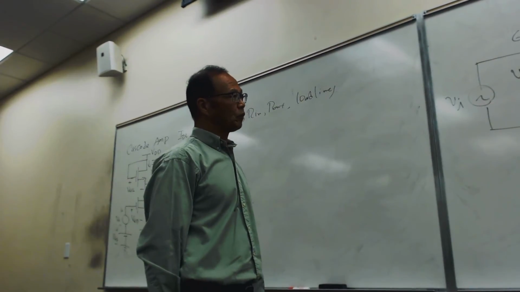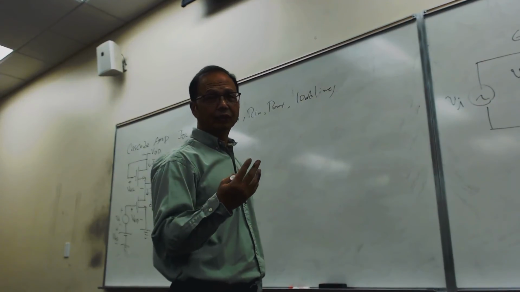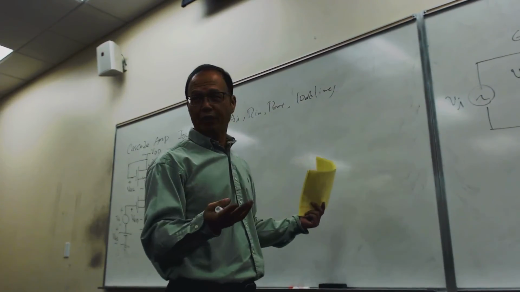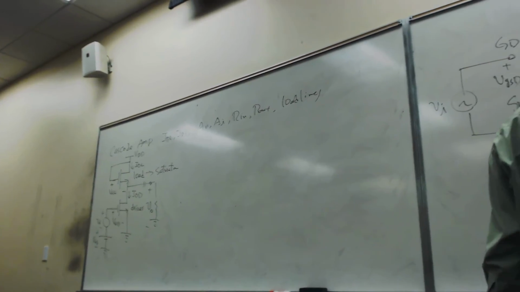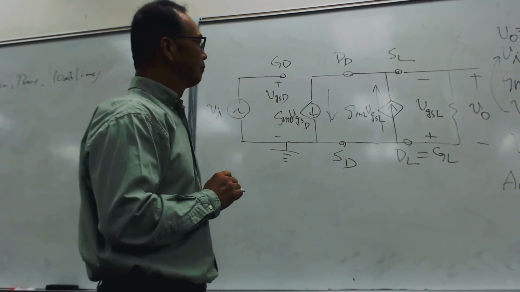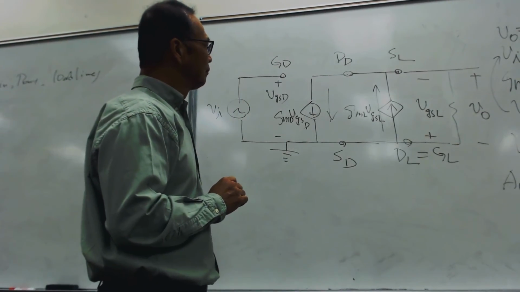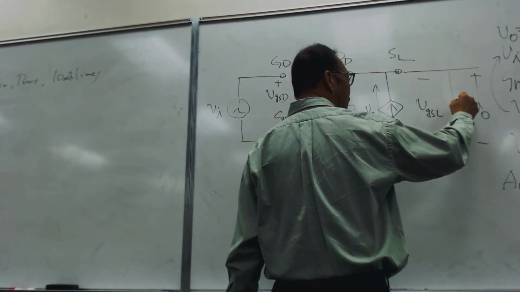Well, A sub I, we don't have a load, so it's hard to figure out what's the output current. So let's say you have a load here. Then what is the load current?